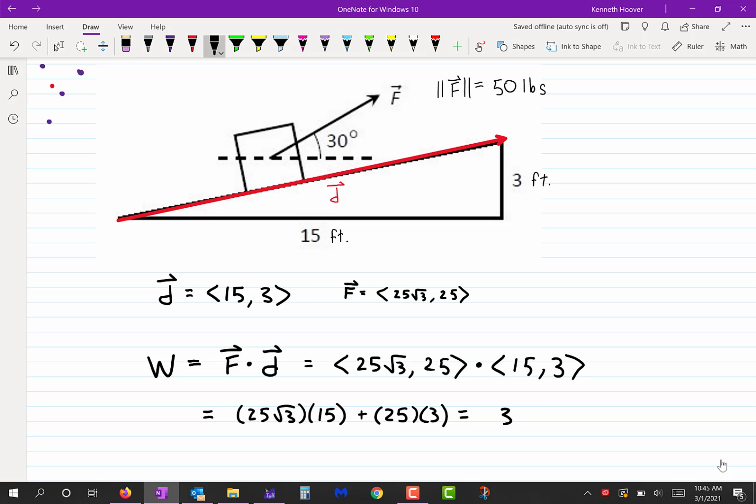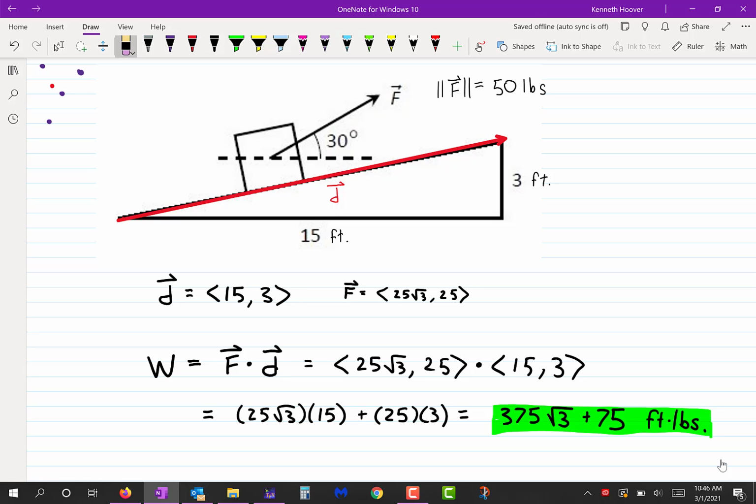So we're going to get 375 root 3 plus 75. That's how much work is done. What are the units here? Think about that. It's going to be foot-pounds, right? And that's the answer to our question. The force does that much work.